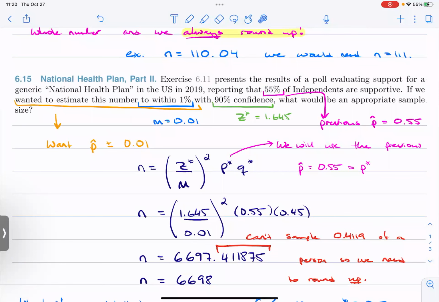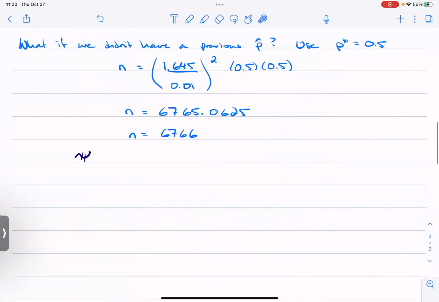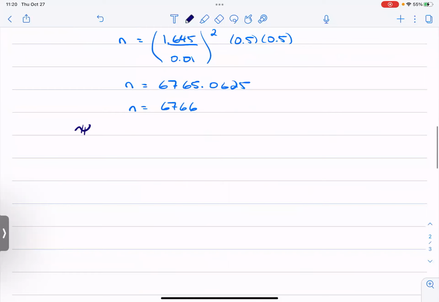What if I wanted to compare those two groups, right? The proportions from those two groups. Well, look no further than 6.2, the difference of two proportions.